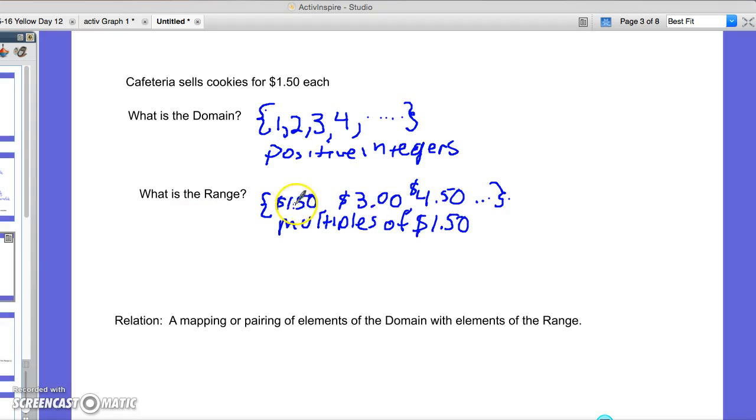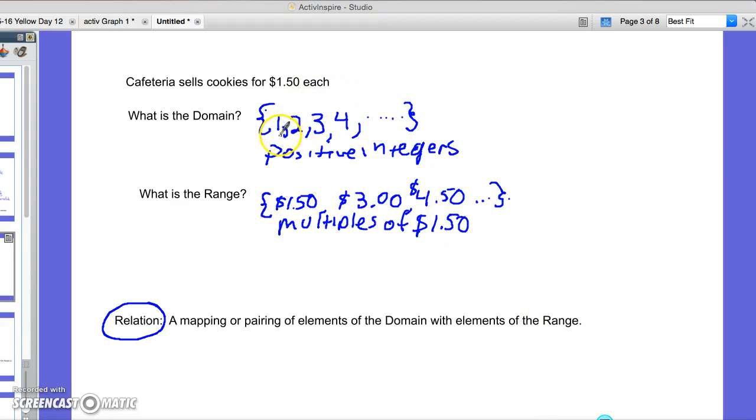That's our range. It's the elements that we could have as our y values. Okay? So this brings up our next vocabulary word, relation. A relation is a mapping or a pairing of elements of the domain with elements of the range.